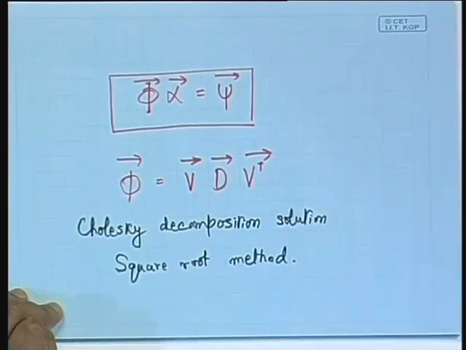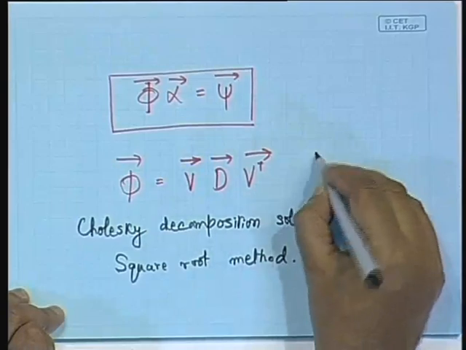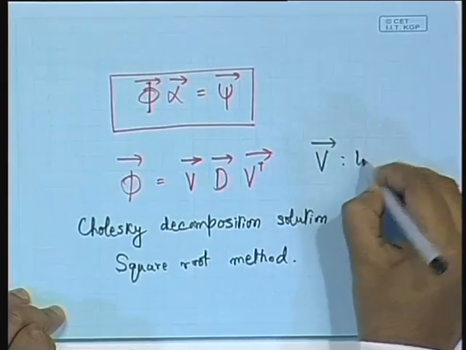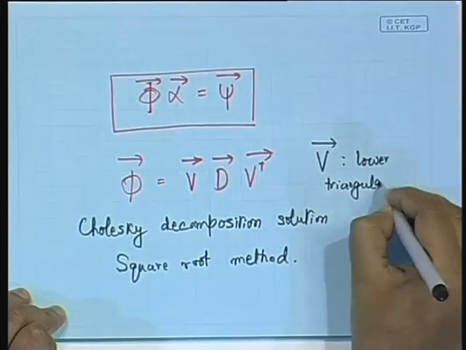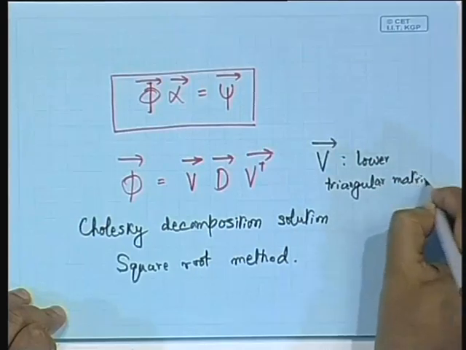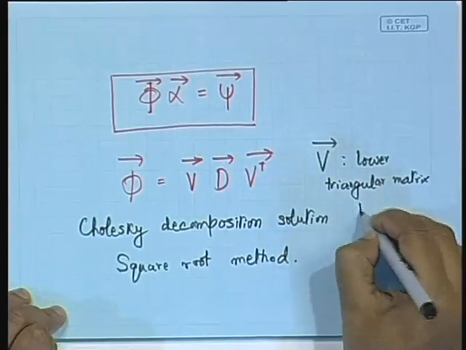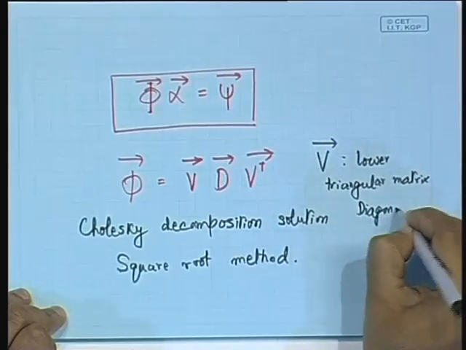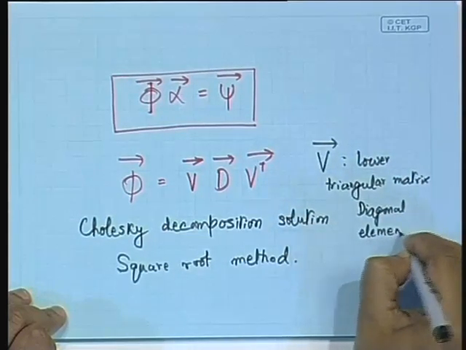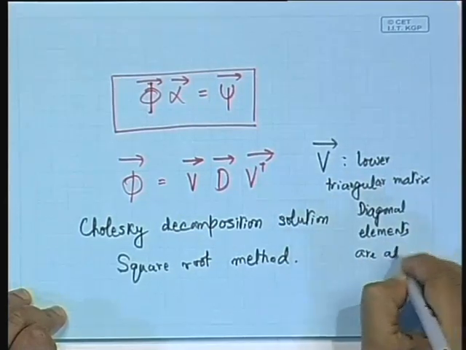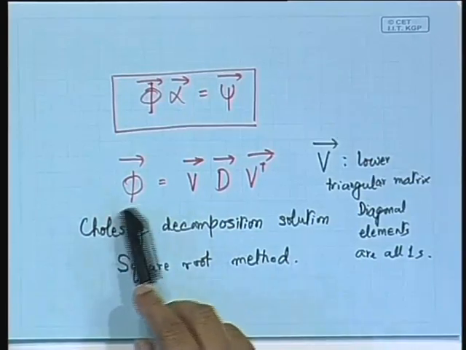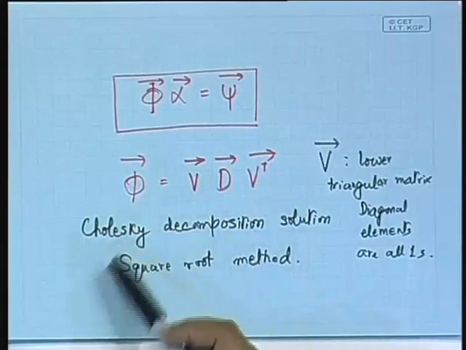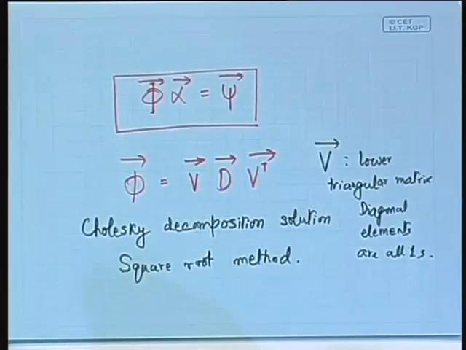Sorry, V is actually the lower triangular matrix, and in fact, a lower triangular matrix whose diagonal elements are all ones. We will be making use of this phi, in order to solve this basic equation.